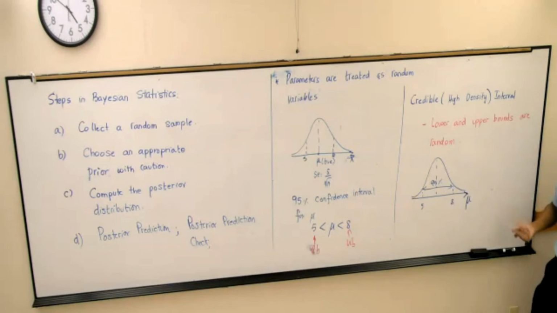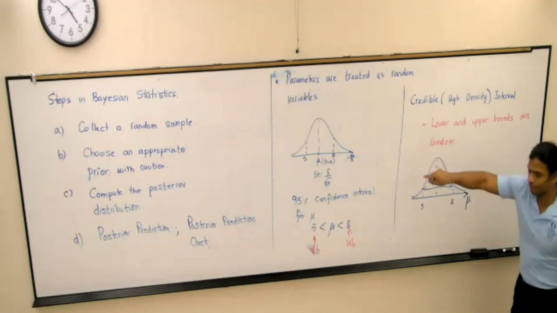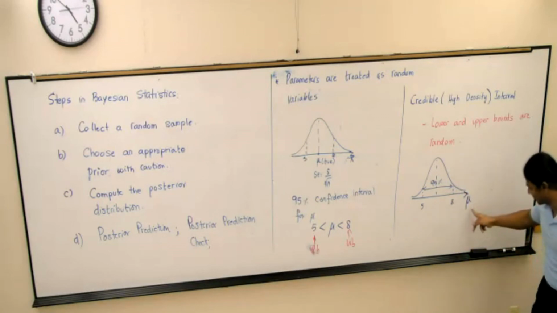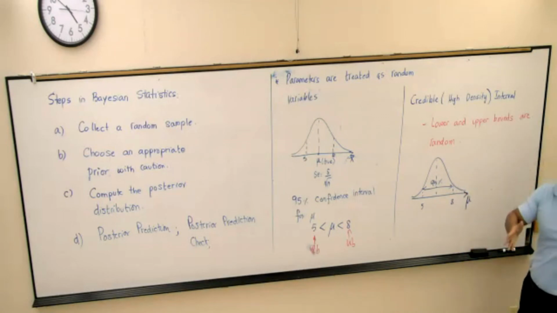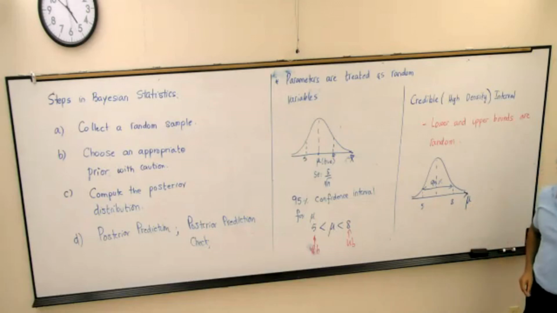Does that make sense? Those are distributions versus that, which is a random sample of the means. So this is a sampling distribution that we obtain from repeated sampling, and this is the distribution of the parameter itself. Does that make sense? And we get that distribution directly from the priors, with the data, the posterior. Yeah, from the posterior. Good.